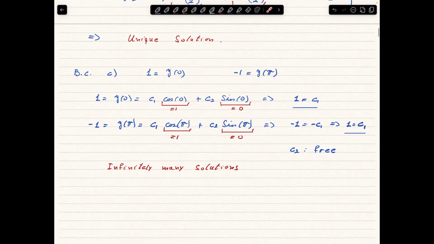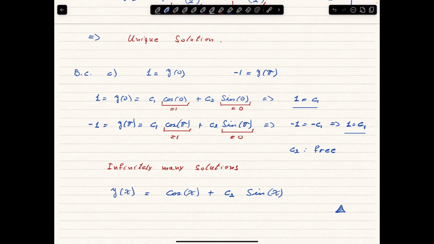So here are the solutions. y of x: well, C1 has to be 1, so we need to put a cosine of x here, and then any constant times the function sine of x. And these are the infinitely many solutions.